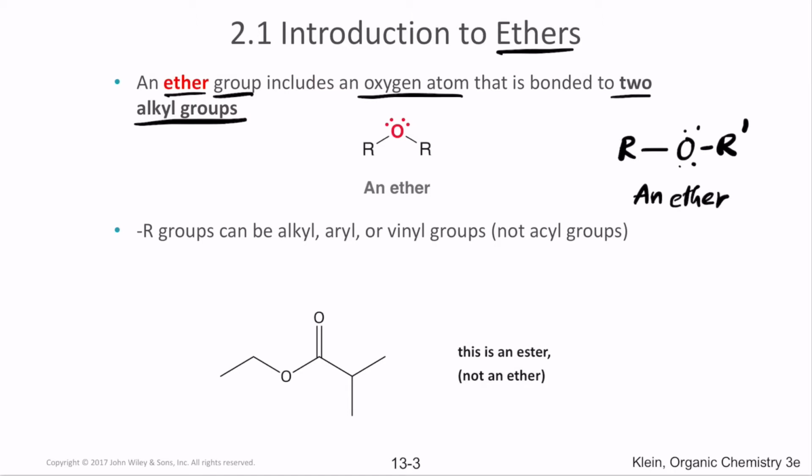The R groups can be alkyl, aryl, vinyl, but cannot be acyl groups. For example, if you have an oxygen connected to adjacent carbons like that, then this becomes an ester and not an ether. So that's the reason why we don't use acyl groups.